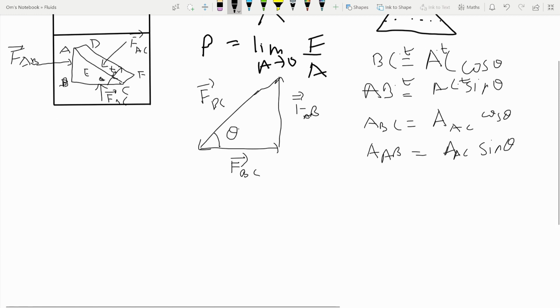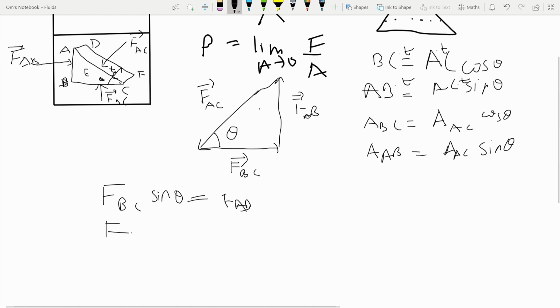Since this is the same angle theta over here, we can have exactly the same relation. This is supposed to be FAC, I think. Oh my bad. This was actually FAC, right?